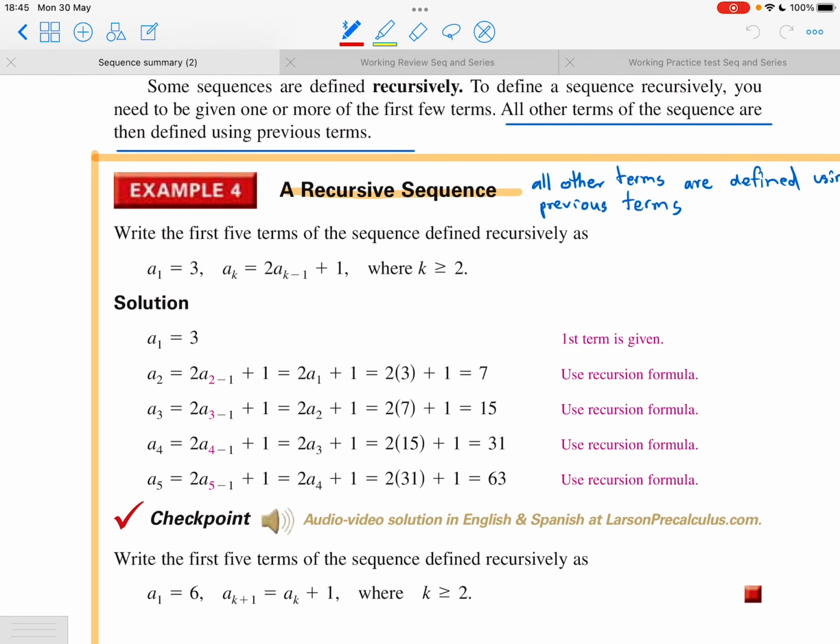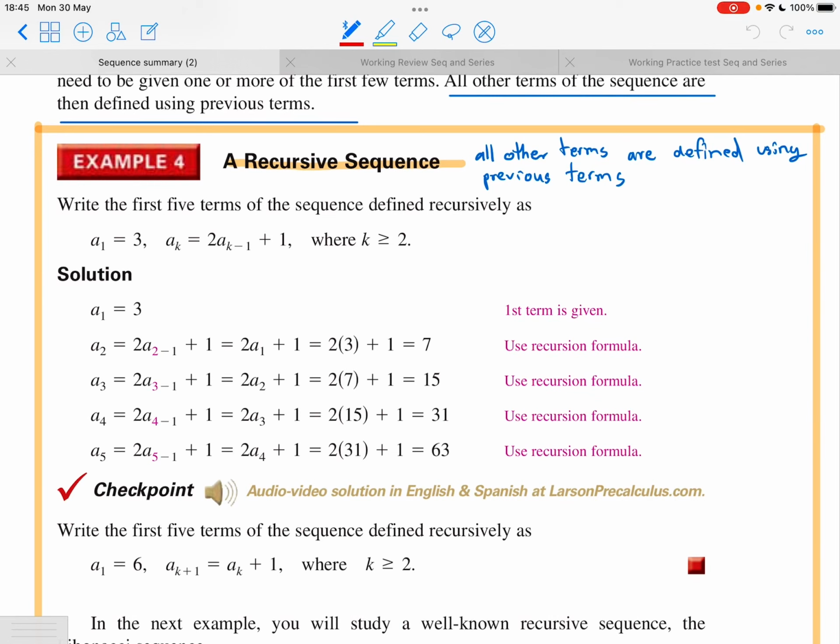Now a recursive sequence. What it means is that all other terms are defined using the previous terms. For example, ak is defined by using ak minus 1, which is the previous term.